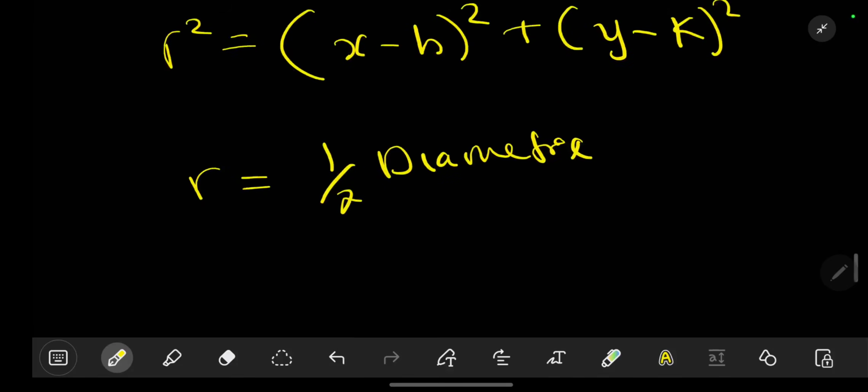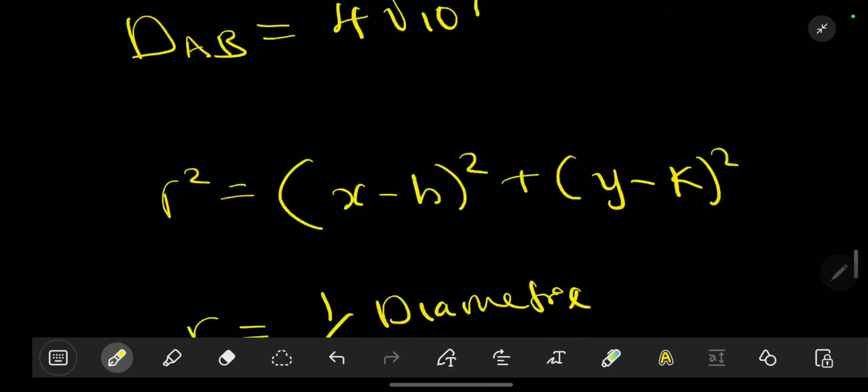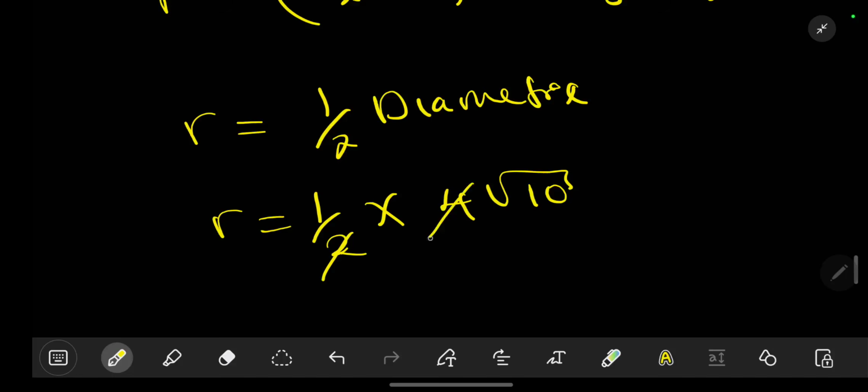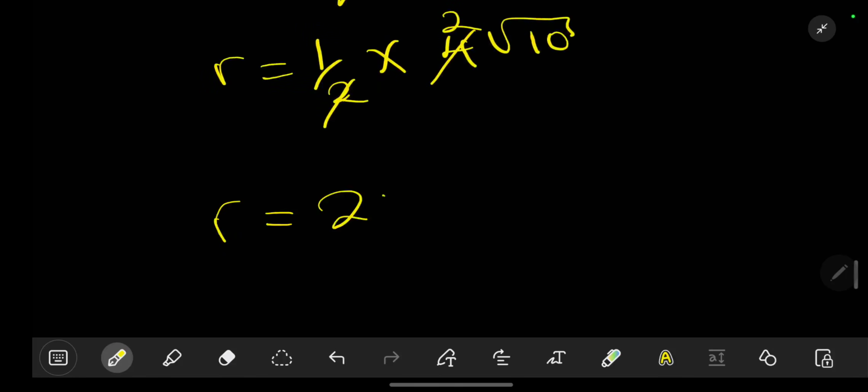So to find the radius, we are going to say 1 over 2 times the diameter, which is 4 square root of 10. 4 divided by 2 is 2, so we have the radius, which is equal to 2 square root of 10.